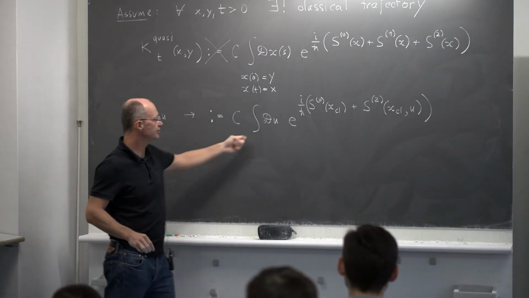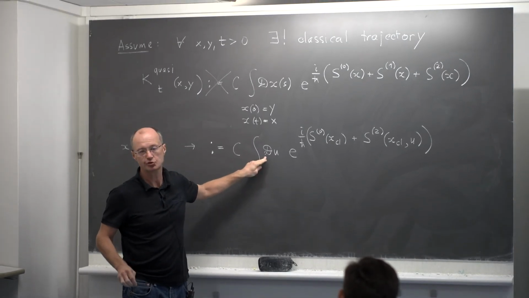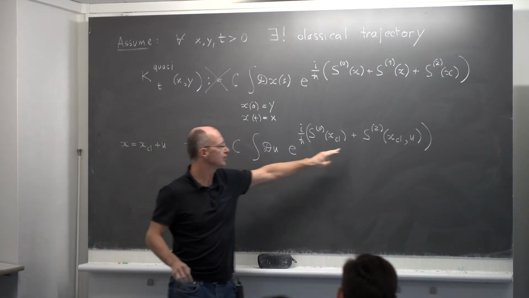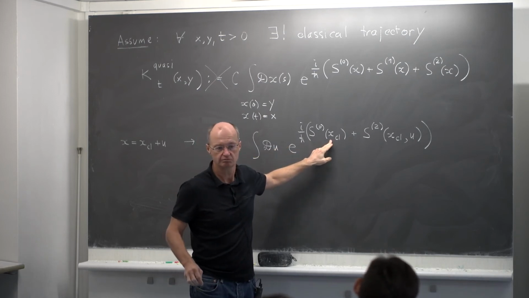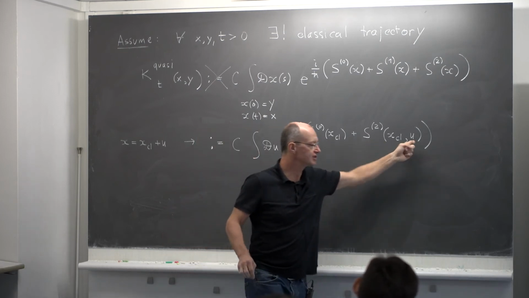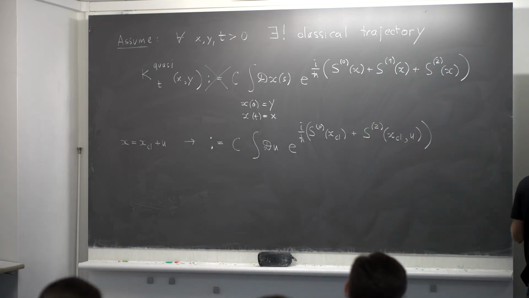Now, this expression is of the kind that we were discussing before. This is a Gaussian path integral, right? So this is simply constant. It doesn't depend on any u. And this expression is actually an expression of interest for us.